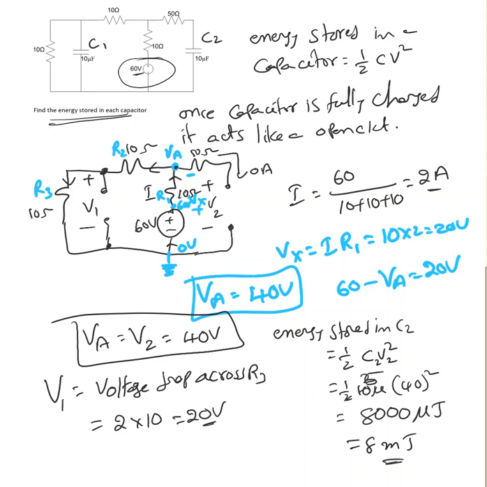Now that I know V1, the energy stored in C1 equals half C1 V1 squared, which is half times 10 micro times 20 squared. 20 squared is 400, 400 times 10 is 4000, 4000 divided by 2 is 2000 microjoules, or 2 millijoules.